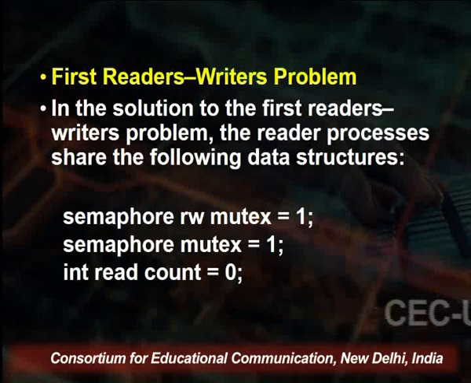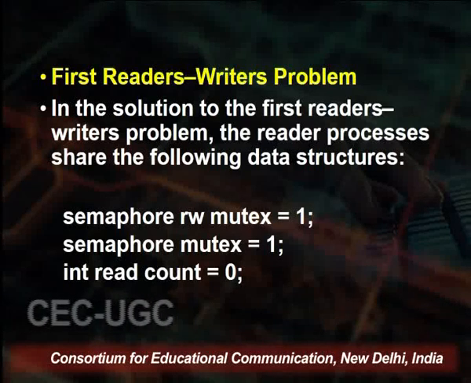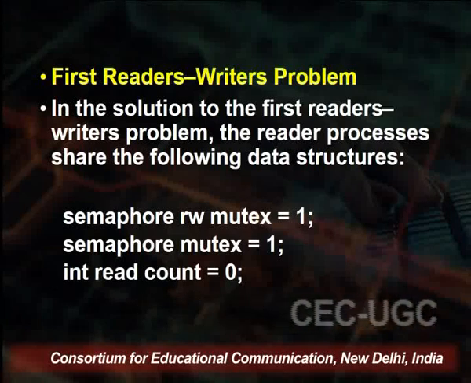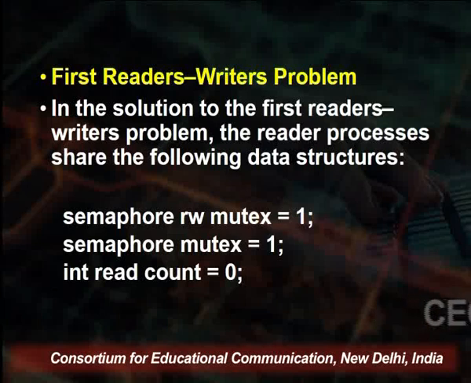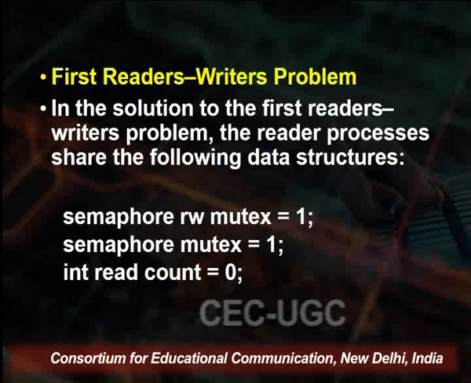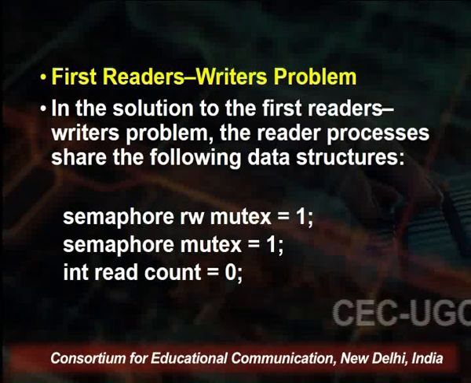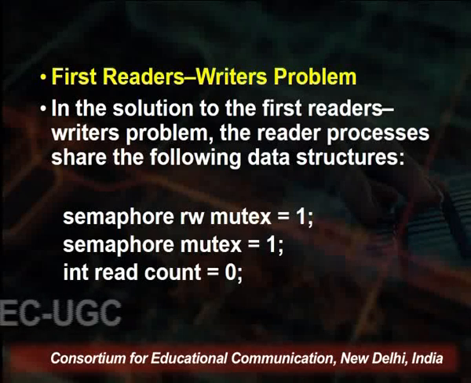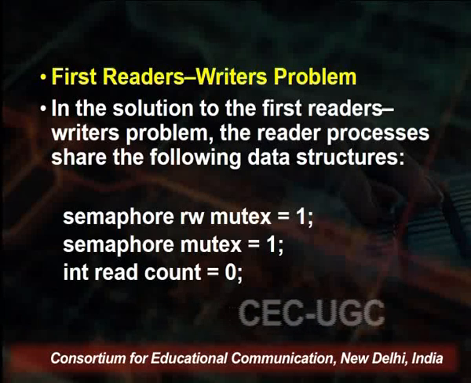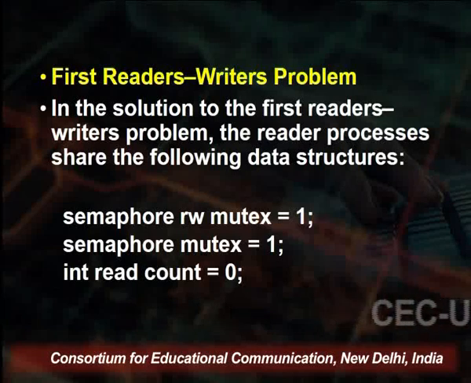The semaphore rw_mutex keeps track of the process which is reading or writing. If one process is updating the shared data item, no other process will be allowed to lock this semaphore rw_mutex.